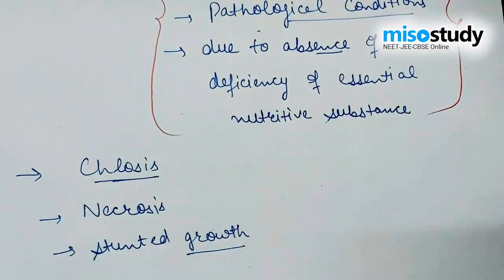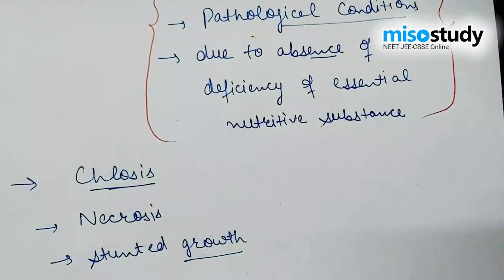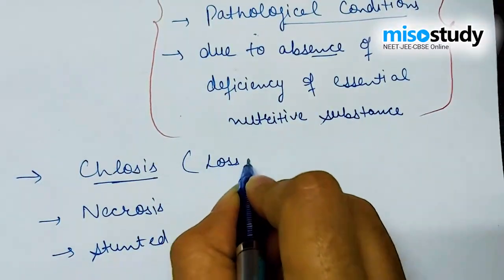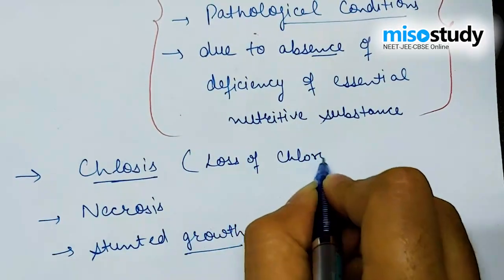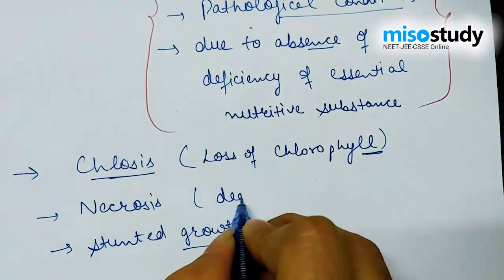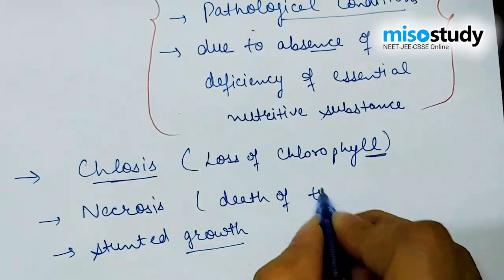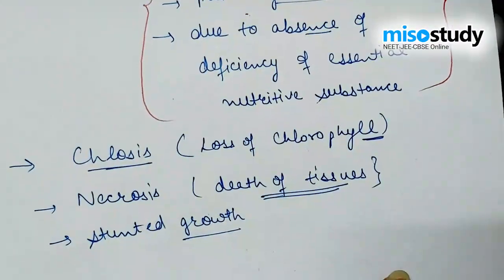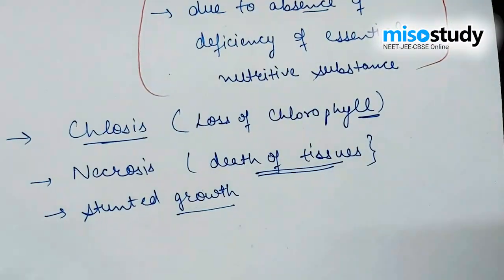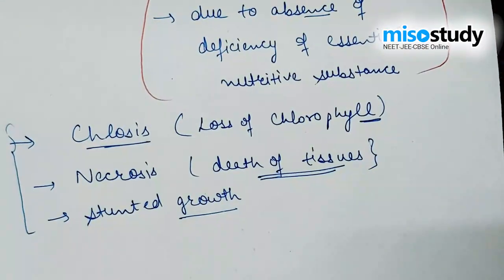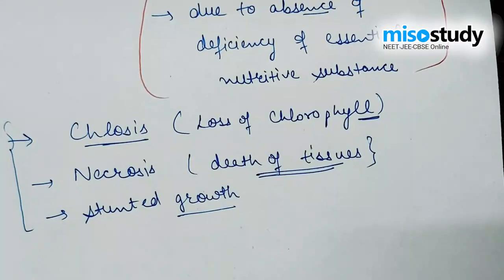Now, what is chlorosis? Chlorosis is non-development and loss of chlorophyll. Necrosis is death of tissues, and in botany and biology we mention it as necrosis. And stunted growth, these are all the basic symptoms we name as deficiency symptoms shown by the lack of essential nutritive elements.